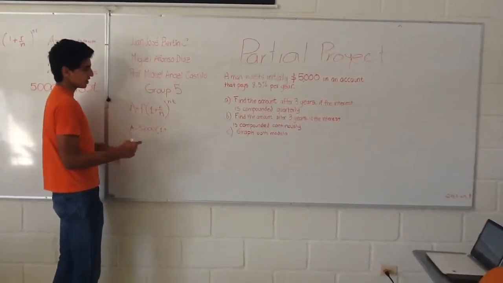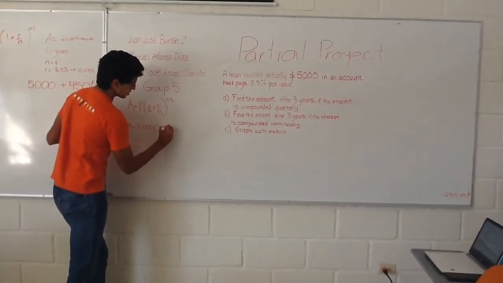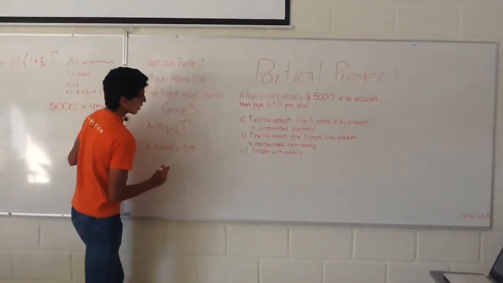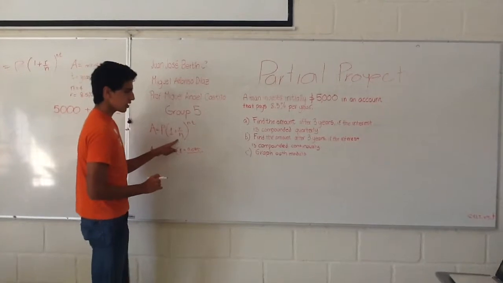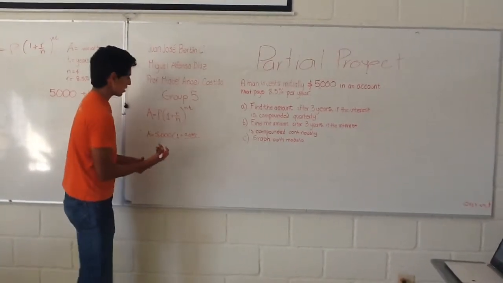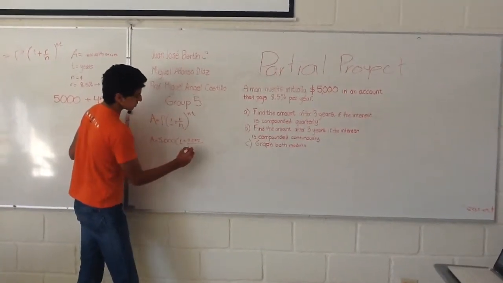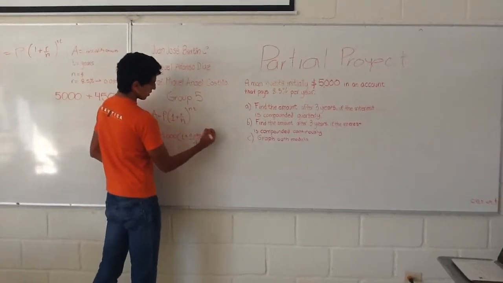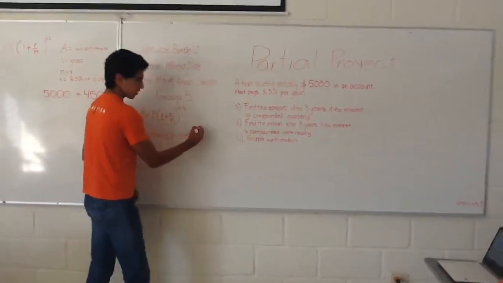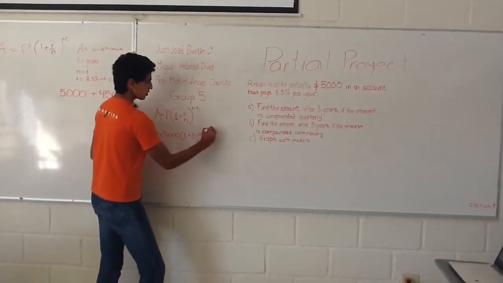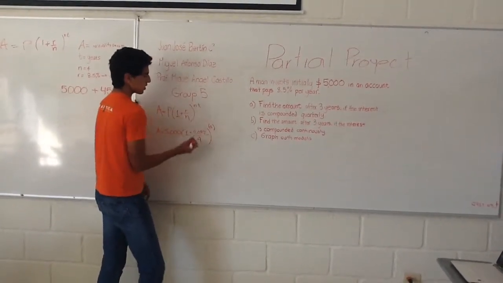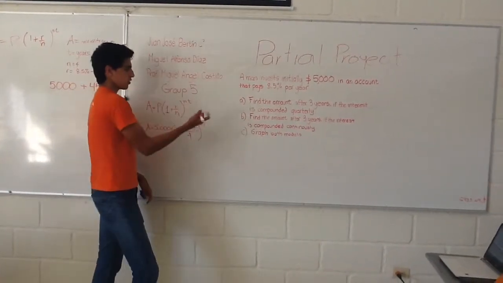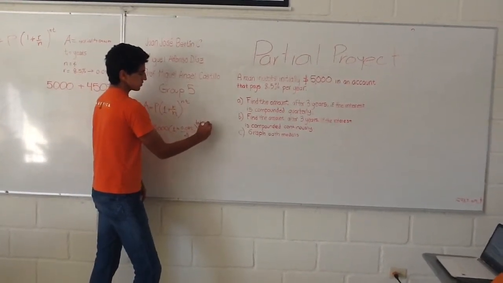We need to take out the percent, and it will be 0.085 divided by n, that is the number of compoundings in a year. In this case, it will be 4, to the exponent of n, that is 4, times t, that is the time in years, and in this case they ask us for 3 years, so it will be 4 times 3.